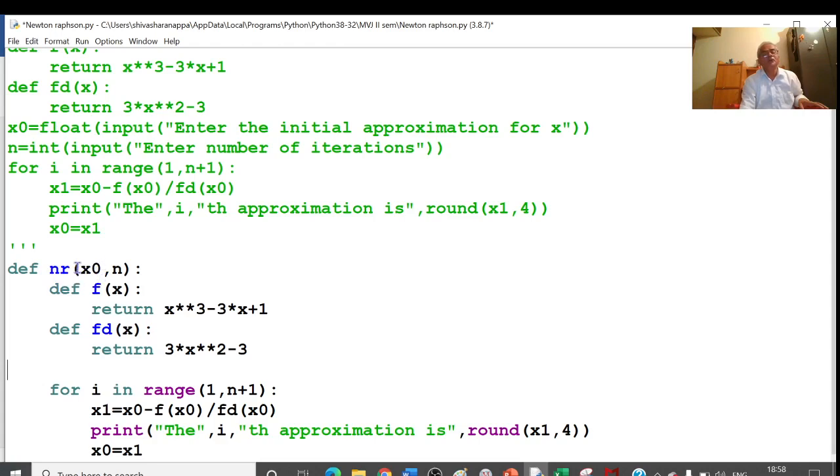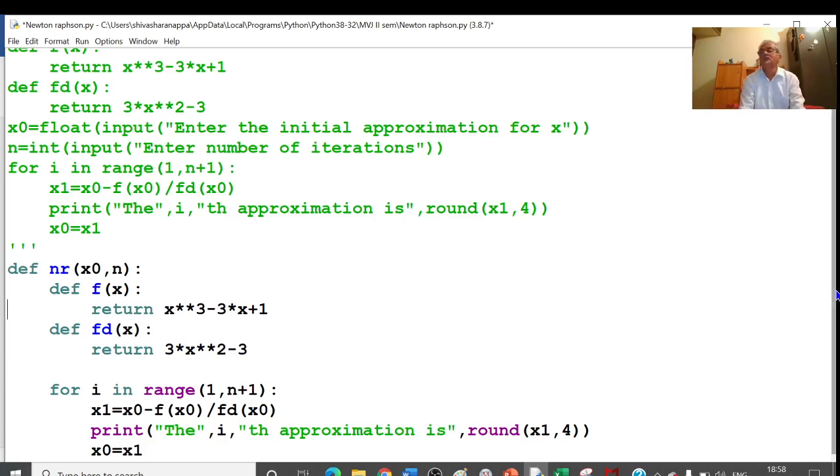This is the initial approximation x naught, and this is the number of iterations. Defining the function def f(x): return x cube minus 3x plus 1. And we define one more function for the derivative, and I am giving the name fd. You can give any name here, fd or diff x, anything. So I have given fd of x, returning its derivative: the derivative of x cube minus 3x plus 1 is 3x square minus 3. And then I am using the formula.